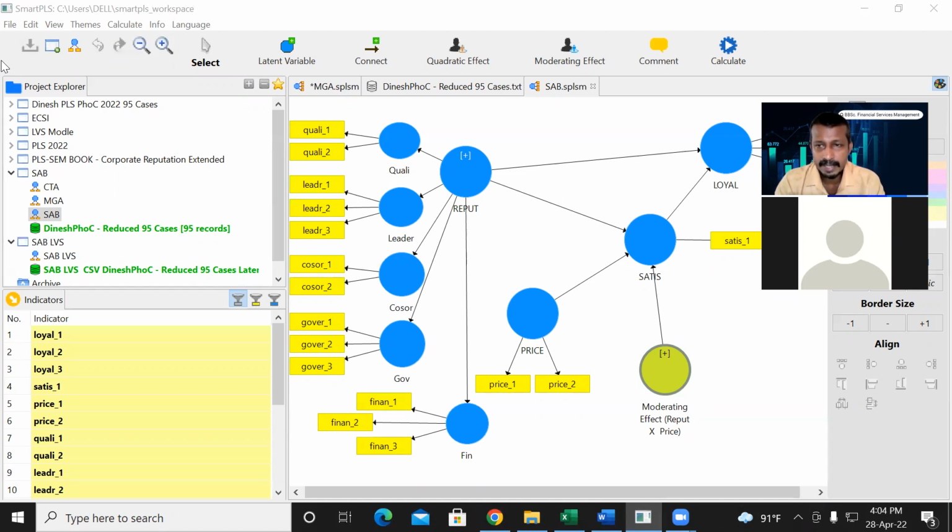I think that's the basic thing you have to do first in PLS or any SEM software. Step 1 is to assess the measurement model, or the outer model. Last time we also discussed the criteria you have to look at. We talked about validity, reliability, AVE, convergent, and also discriminant validity.